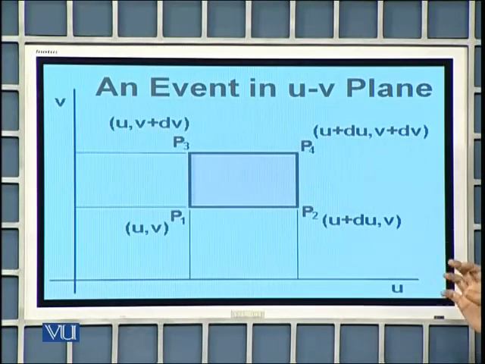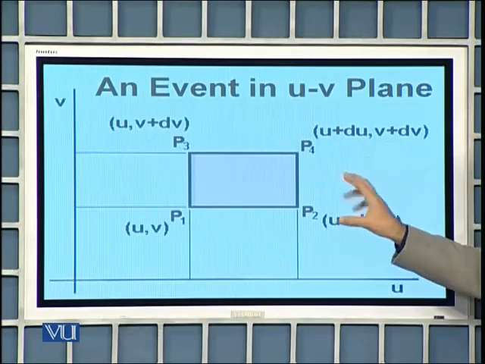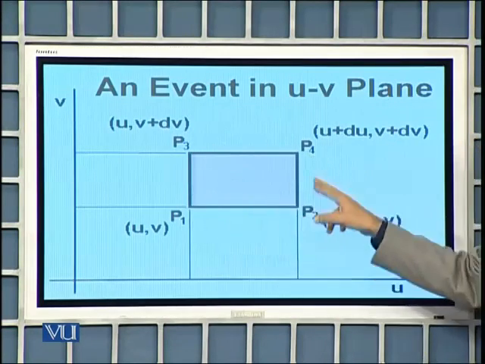So what's the probability of the event represented by this region? Usually the joint PDF of u and v is a varying height function. Over the plane uv, the height of the joint PDF f_uv of u comma v is a function which varies its height.